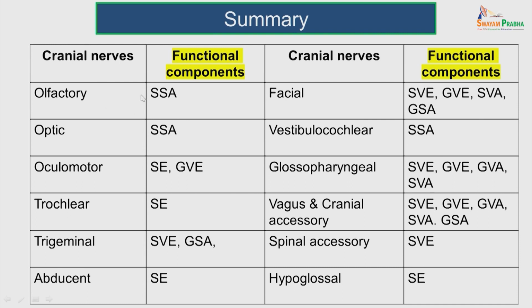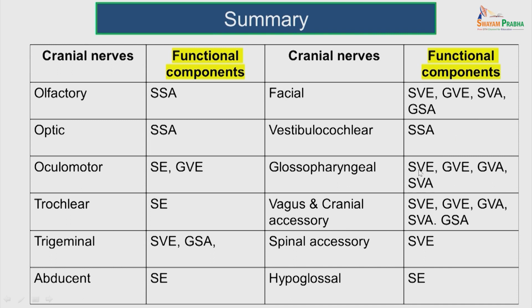Now let us summarize the cranial nerves with their nuclei. The olfactory has special somatic afferent, and the optic also has special somatic afferent. Oculomotor has somatic efferent and general visceral efferent. Trochlear has somatic efferent. Trigeminal has special visceral efferent and general somatic afferent. Abducent has somatic efferent. Facial has special visceral efferent, general visceral efferent, special visceral afferent, and general somatic afferent. Vestibulocochlear has special somatic afferent.